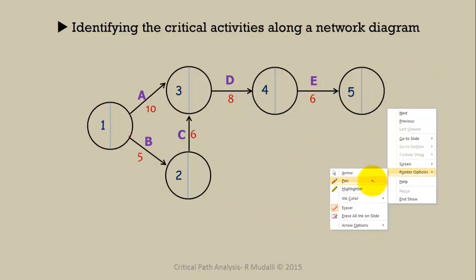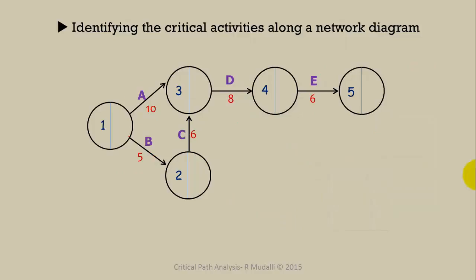Nice. So now let's recapitulate. So we have got critical activities which are B, C, D, and E, because these activities, if delayed, are going to delay the whole project. So therefore, they become critical activities. Now, project duration.